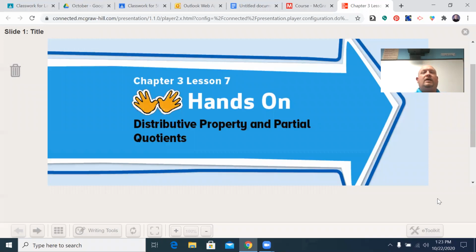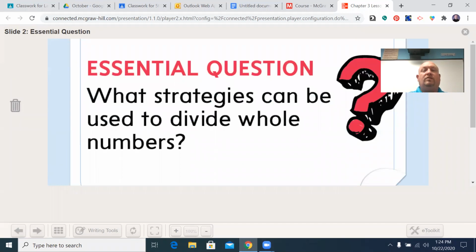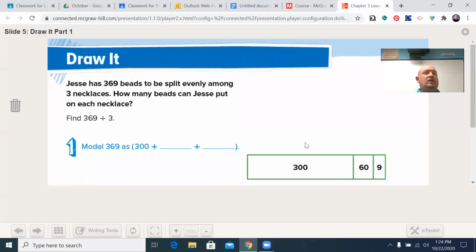Today's topic: hands-on distributive property and partial quotients. Potential question: what strategies can be used to divide whole numbers? Yesterday, we were using base ten blocks in order to visualize what we were doing.